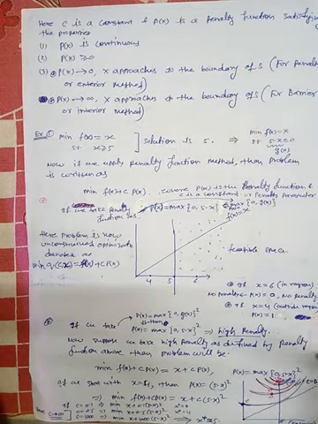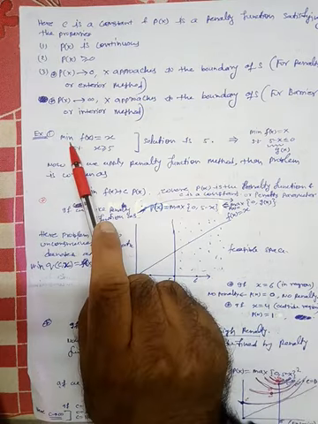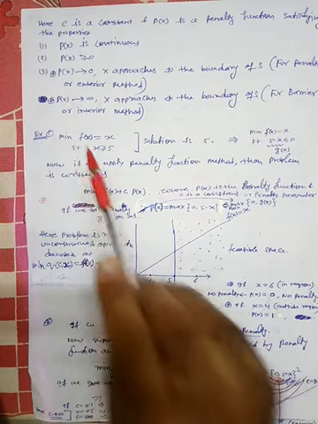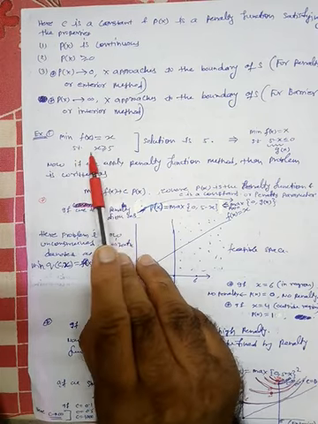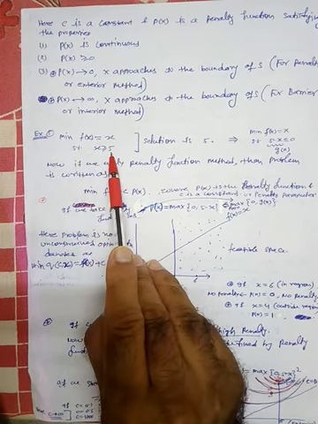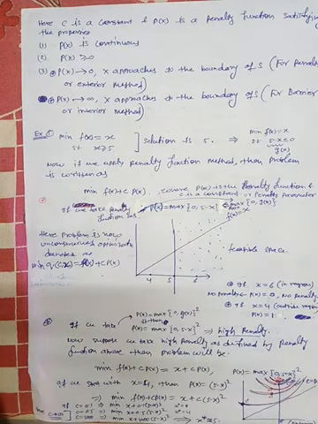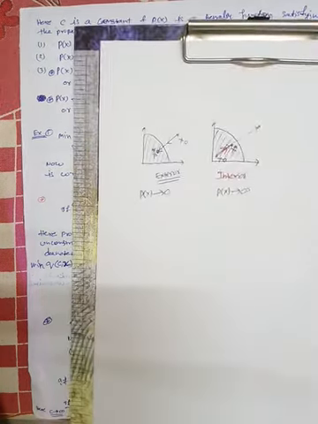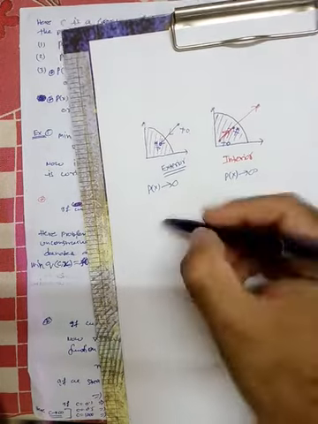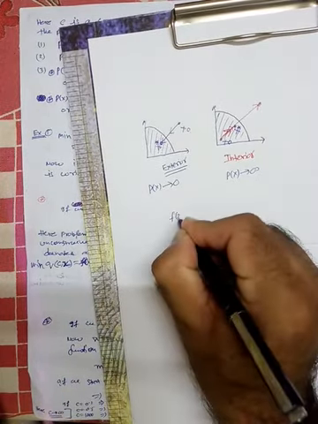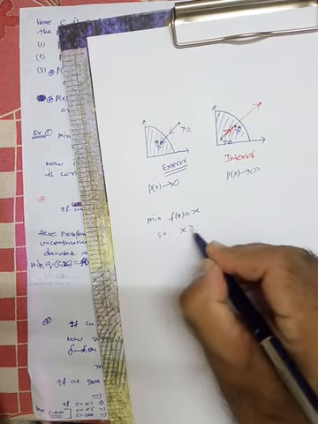Let's see the application. You will see how to apply this. So first we are taking an example. Minimize f(x) = x, subjected to the constraint x is greater than or equal to 5.